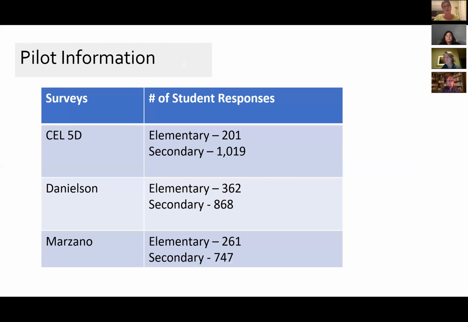Teachers volunteered to be a part of this pilot, and they were from across the state: rural schools, urban schools, a wide variety of demographics. So we tried to hit as many of the points that we could.